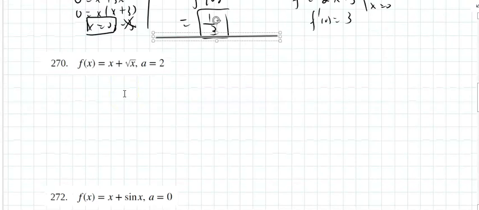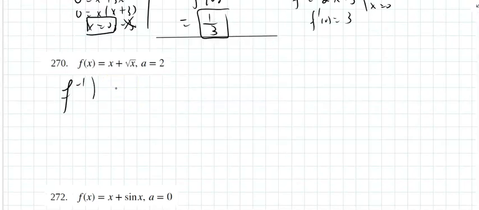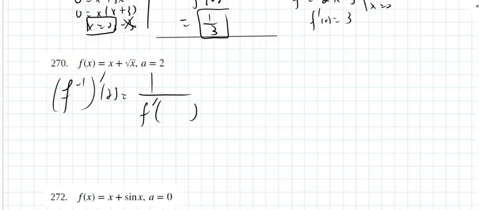Here's another problem. What I want is to find the derivative of the inverse evaluated at 2. That is 1 over the derivative of f evaluated at 2. Well, let's see. Let's figure out what this is. That's a number. Let's figure out what this is. That's a function. That's a derivative.